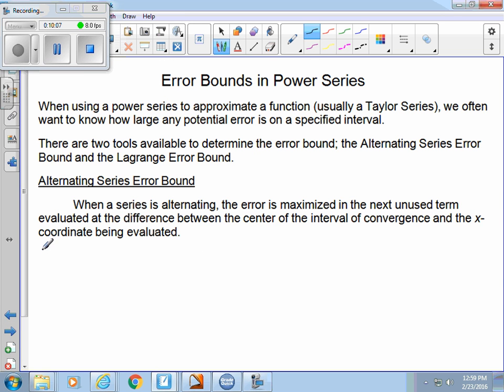Okay, the new information for today: there are 2 ways that we can see how big the error is. And I want to take you back, because I figure in the last couple days you've kind of lost sight of the big picture. You remember the whole point of all of this is so that we can match a polynomial to a transcendental function, to cosine, sine, e to the x, whatever that may be.